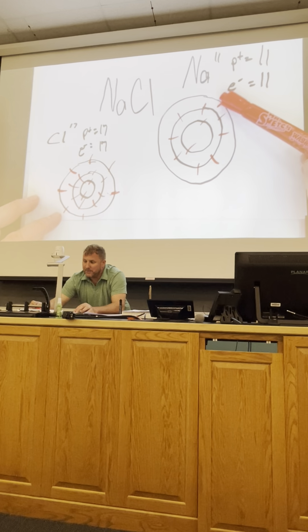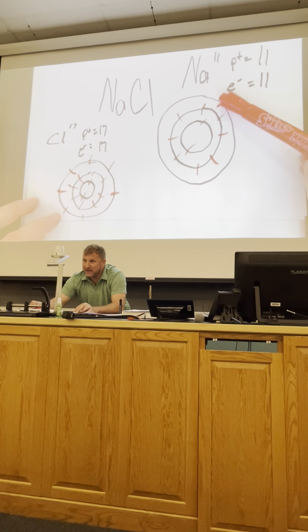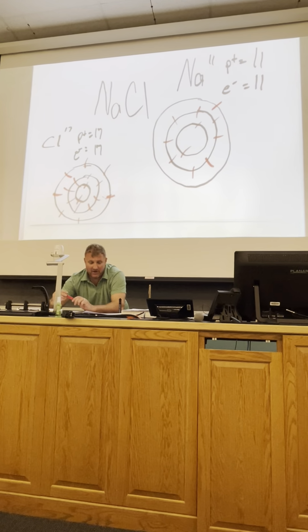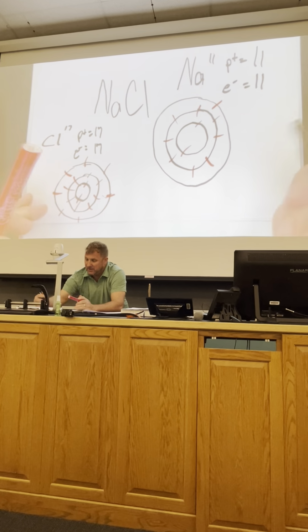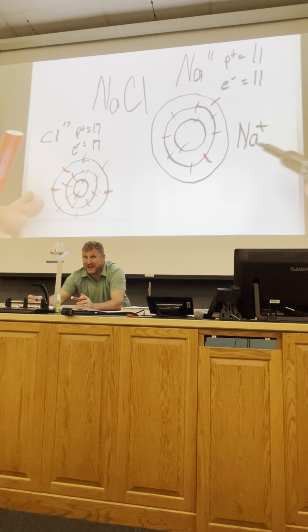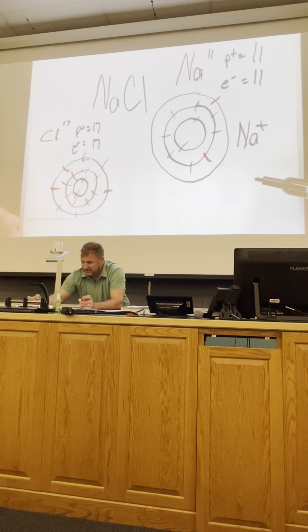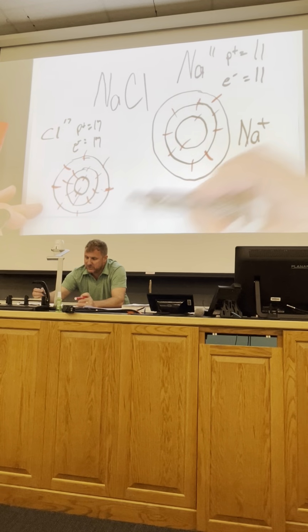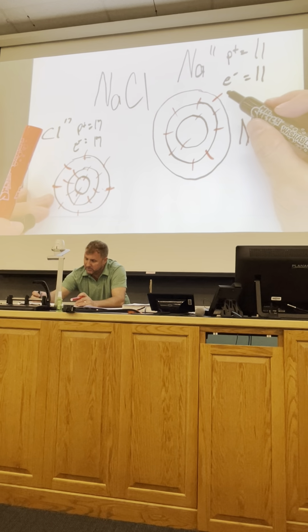So if sodium gets rid of an electron, it gets rid of a negative, what does it become? Positive. So now it's an ion. It donated an electron. It said, here you go, take this.